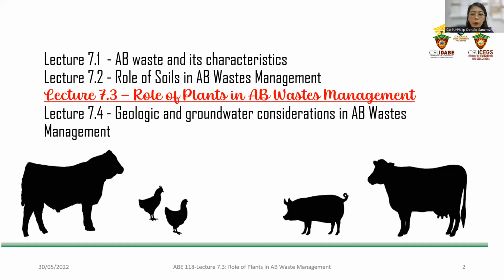Itong mga animal manure is an example of waste byproduct that can be used as a plant nutrient. And if properly managed and utilized, agricultural waste can be a natural resource that can produce economic benefit or economic returns.